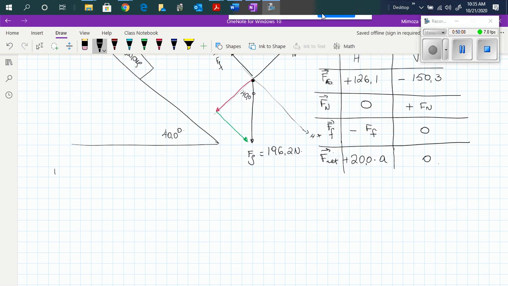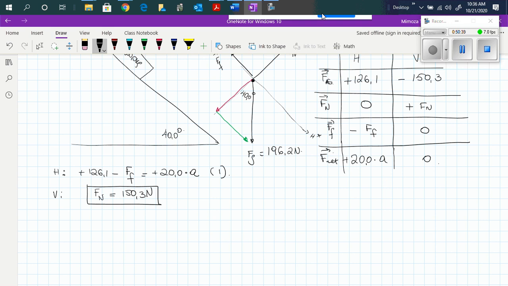From the horizontal, what do we have is positive 126.1 minus force of friction is equal to positive 20 times acceleration. We don't start with this equation because we have two variables, force of friction and acceleration. From the vertical, what do we have is force normal is equal to 150.3 newtons.